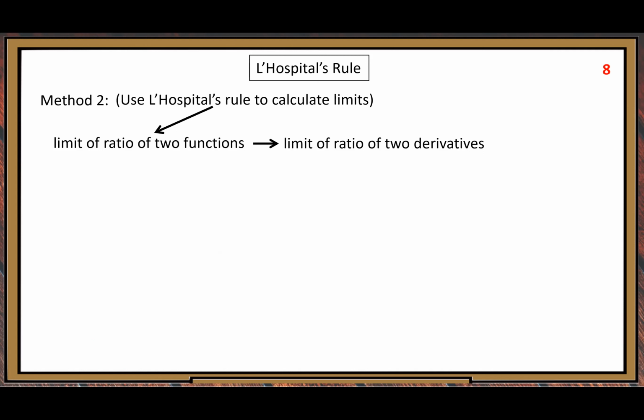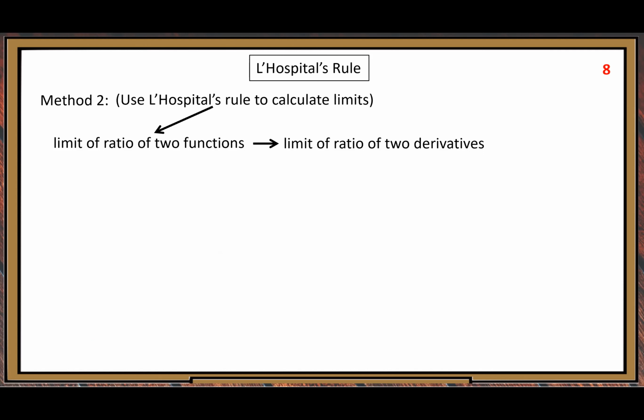But usually that limit is hard to find directly. Based on L'Hopital's rule, we can take the derivatives of those two functions. So you do not compare the two original functions, you compare their derivatives, and we hope that when we work on the derivatives, we can find the limit more easily.